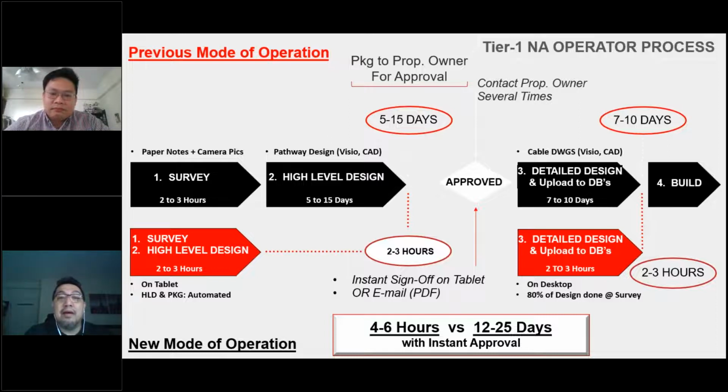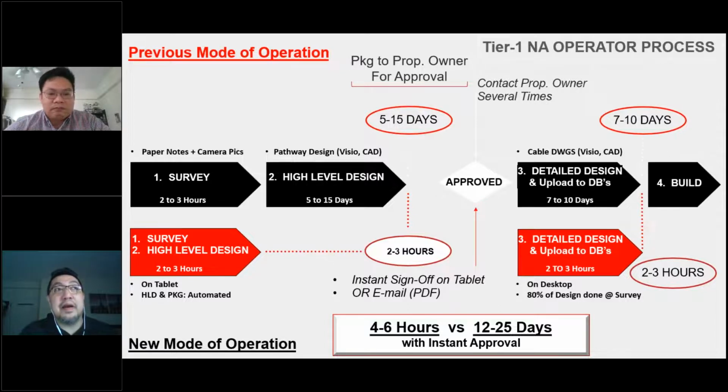Now, with our solution mentioned earlier, you can do the survey and high-level design using your ibwave FiberPass survey on the tablet, on the go, with high-level designs automated, which takes about 2 to 3 hours.